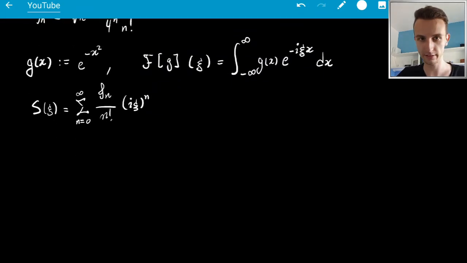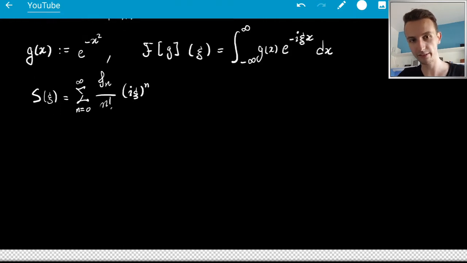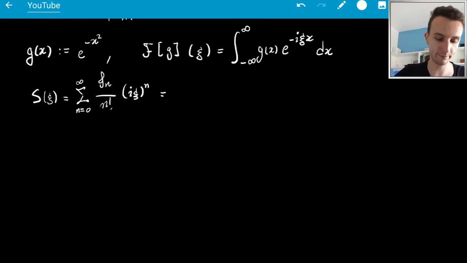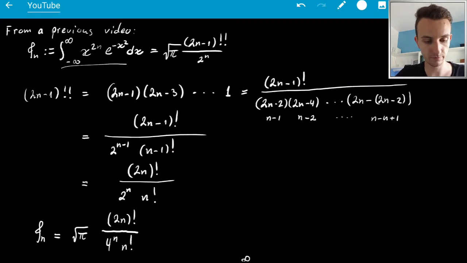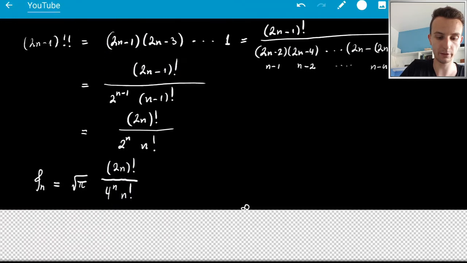Okay, so it's going to give us two things, and the two things that it gives us are what we want to equate. So first I'll show that this is indeed the Fourier transform of g. So I'm going to write the integral I_n as an integral.